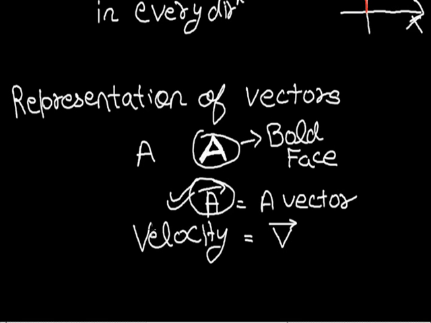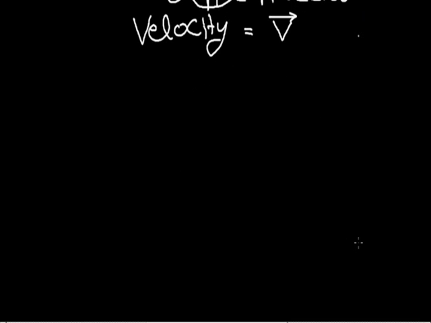Now let's see how the magnitude of a vector is represented. The absolute value of a vector, any vector, let's say this vector, we have to find out the magnitude of v vector.